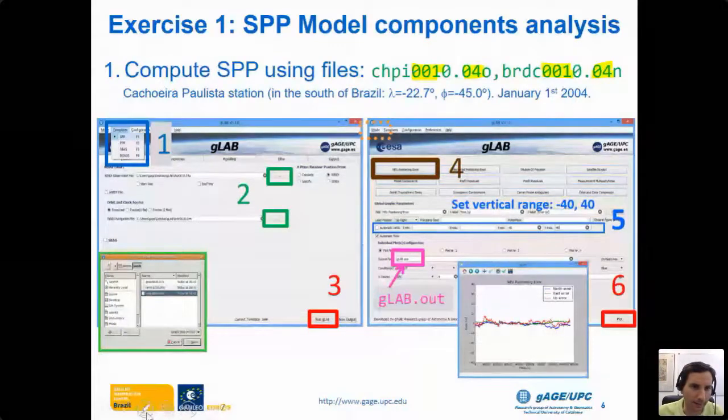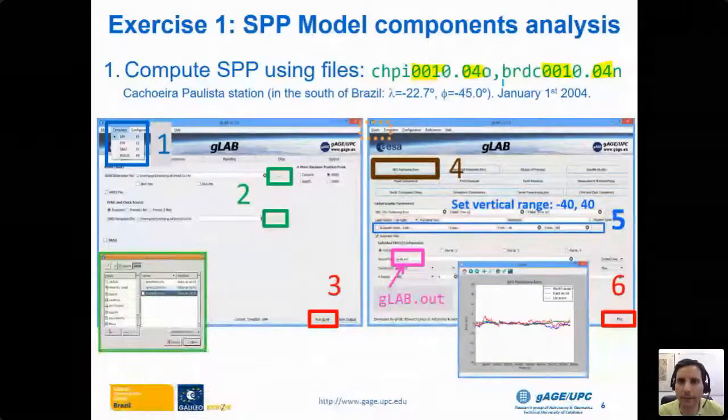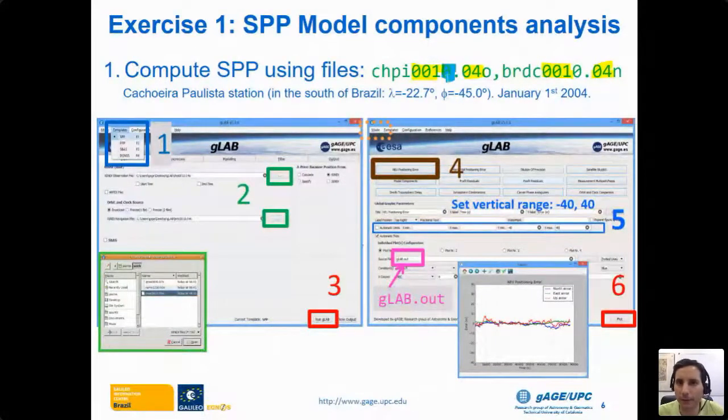Just as a detail, maybe for the more experienced attendees, this other zero means that we have 24 hours of data. Sometimes if we have a shorter data collection, you will see a letter here.